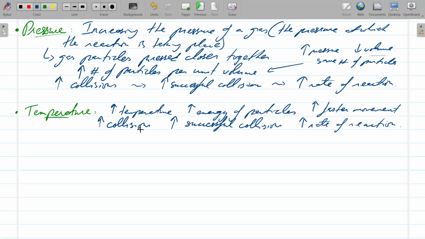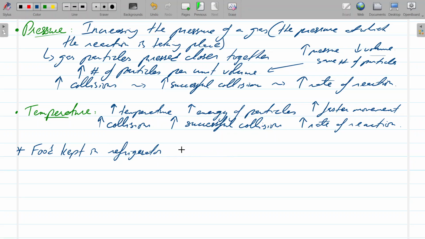Now, obviously, if you decrease the temperature, you will slow down the reaction, right? And so that is why you keep food in a refrigerator, right? Or sometimes even the freezer. And the reason for that is if you leave food out, you've got microorganisms on it. It will naturally decay. It will naturally spoil.